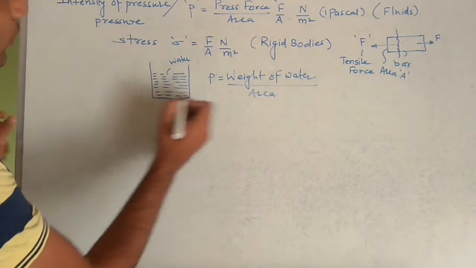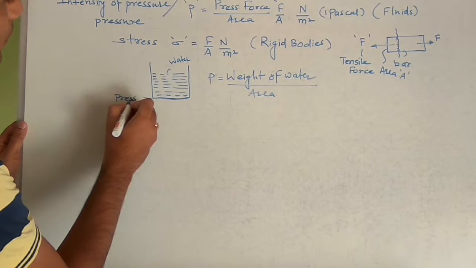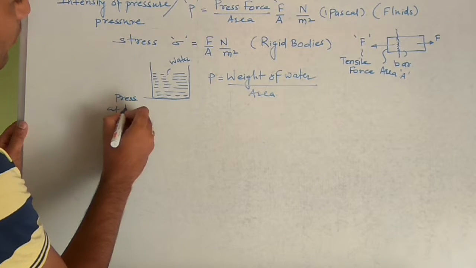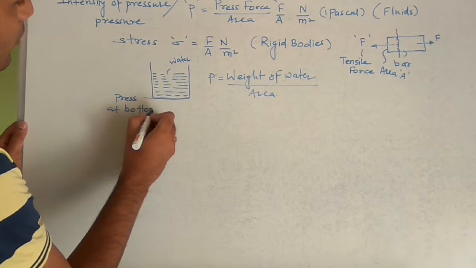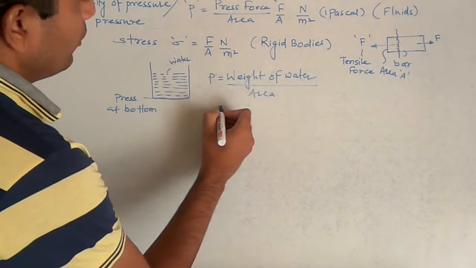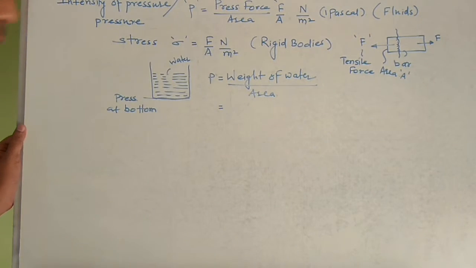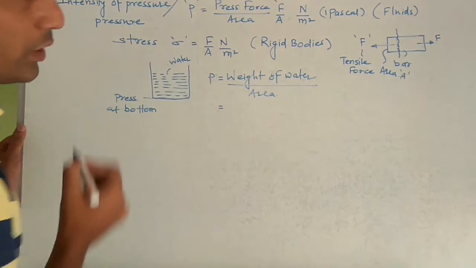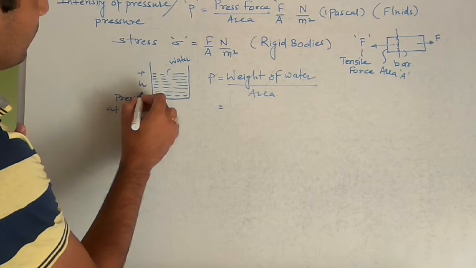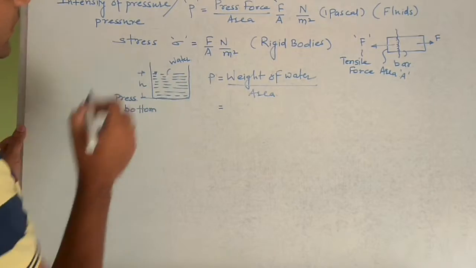So if we are going to calculate the pressure at the bottom of the container, that means weight of water above that bottom. So this much is the weight of water. So for that case we need height h, height of water, that is h.